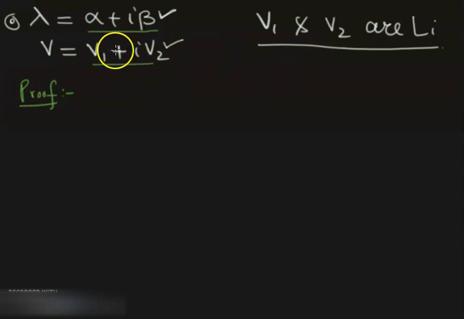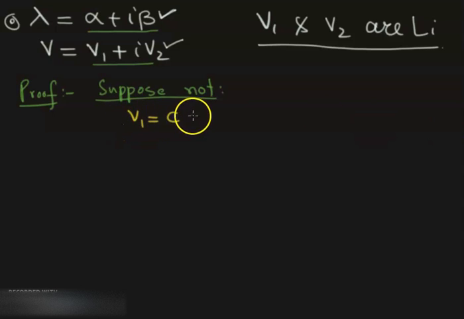We want to prove that v1 and v2 are linearly independent. Suppose not. In other words, suppose that v1 and v2 are not linearly independent. So that means v1 is a multiple of v2, or v2 is a multiple of v1, same thing.